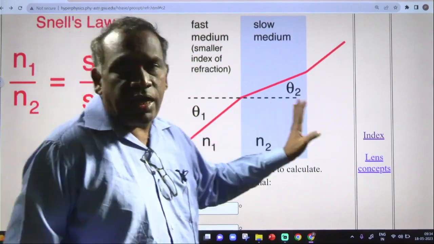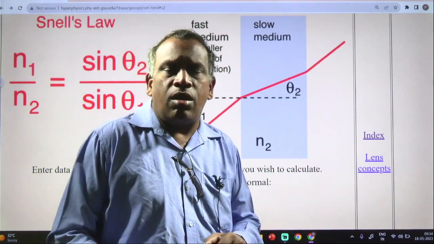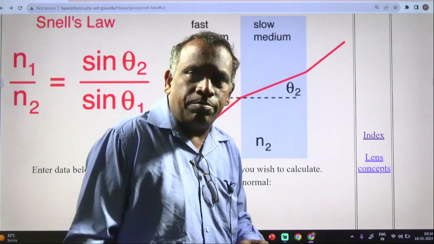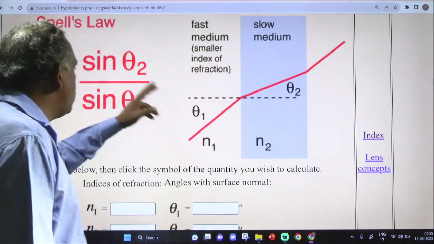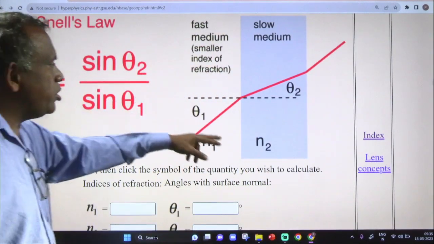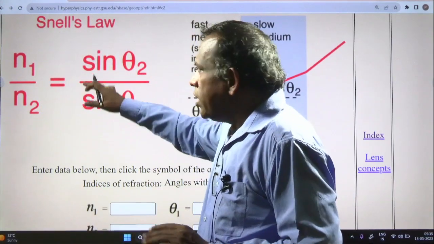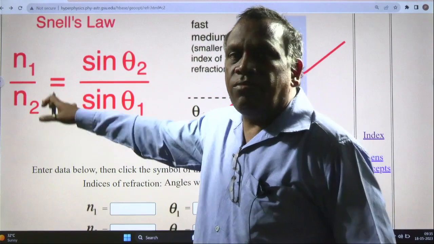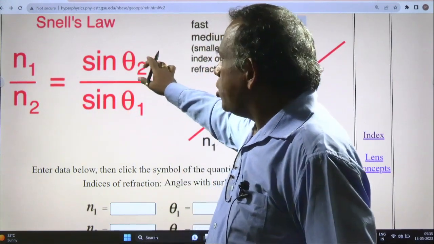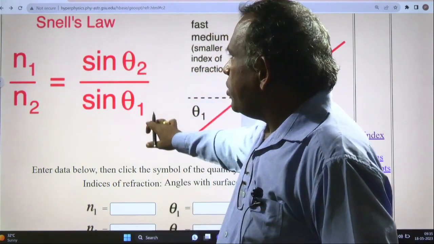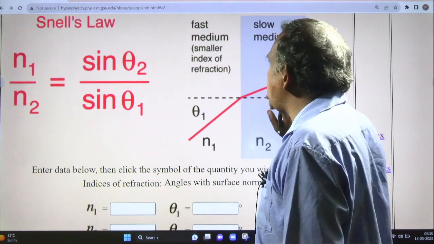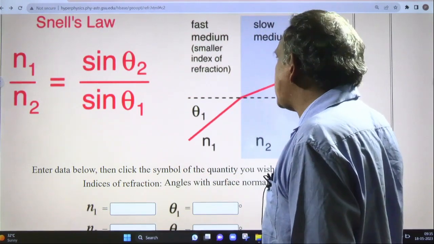Theta 2 is the angle present in the n2 medium. That means n1 upon n2, the relative refractive index, equals sin theta 2 divided by sin theta 1. This is called Snell's law.